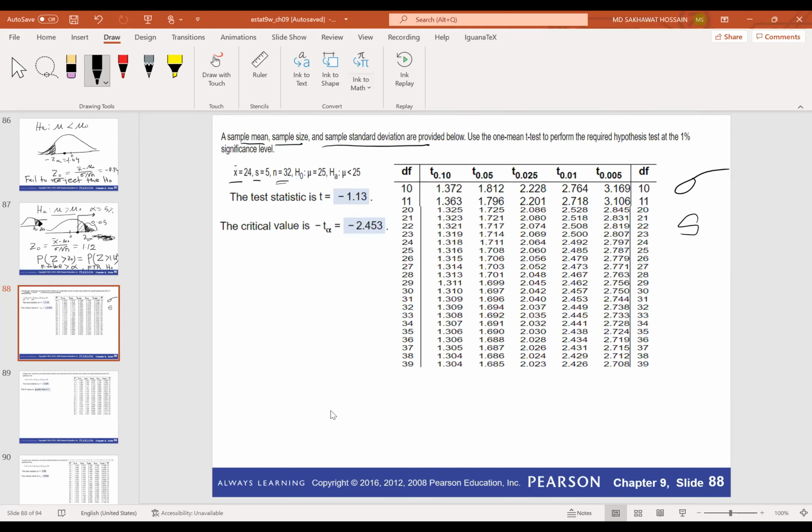That's when we can use the t-test. Here alpha is given, which is 1%, the level of significance. First thing first, you need to write the hypothesis: mu equals 25, and the alternative is mu less than 25. So this is for sure a left tail test, because mu is less than 25.